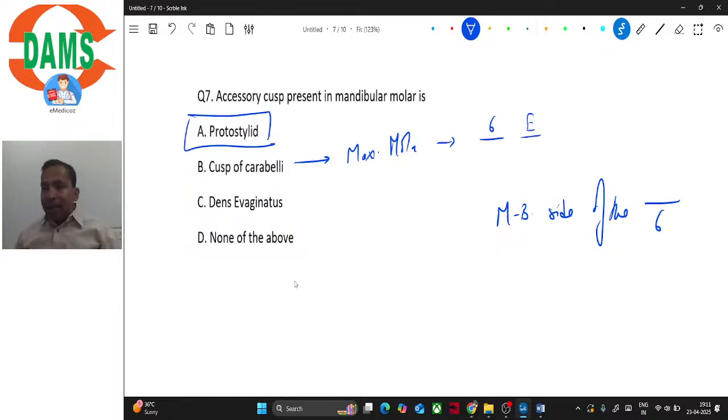Then there is another accessory cusp that is associated with the lower first molar, and it is called tuberculum intermedium.